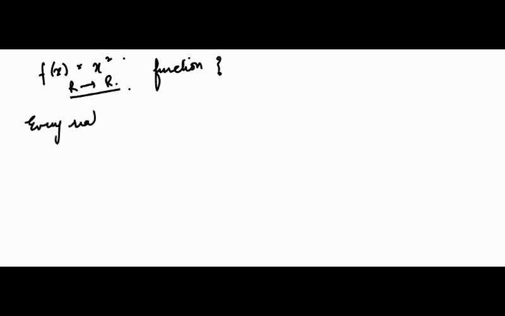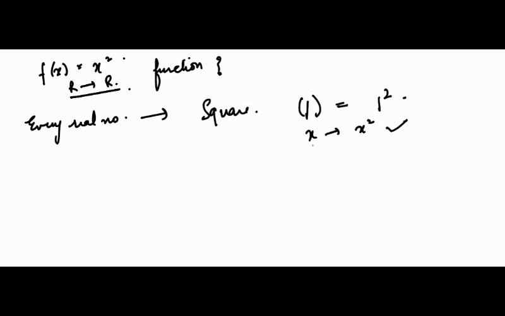Now let's do one example. Let's say I have f of x is equal to x square. Now is this a function or not? See, defined from R to R, that is real numbers. For every real number you will have a square. Consider 1, then you have 1 square. In general, for any real number, say x, you will have x square. So there is an image for every element.